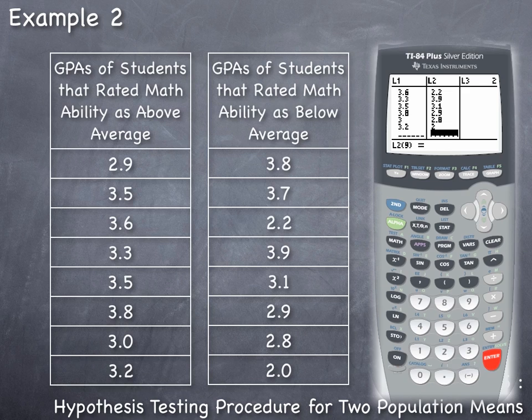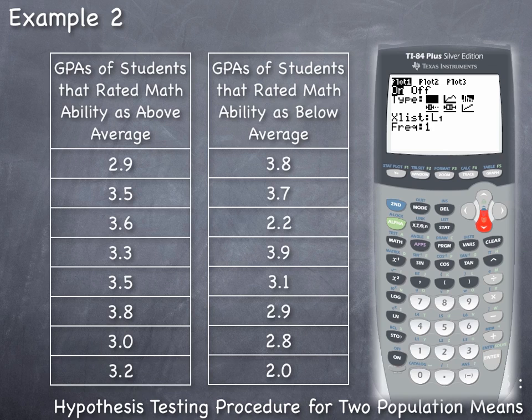Now both of these sample sizes are not sufficiently large, so we need to check that we have a reasonable normal or bell-shaped distribution for the population from which a sample was collected. To do this, we can make a histogram to show the shape. To do that, we press second, y equals, enter, to enter the statplot command.